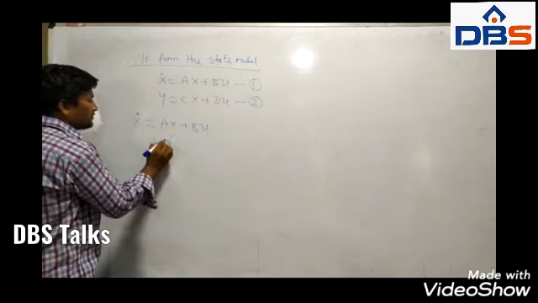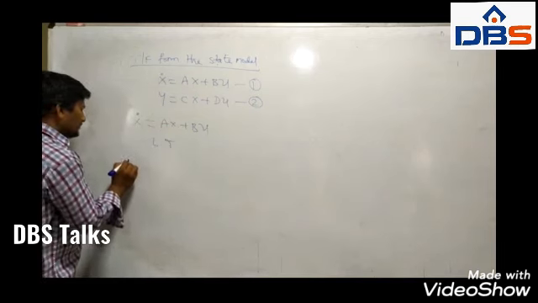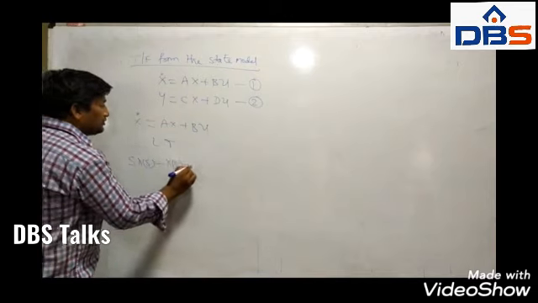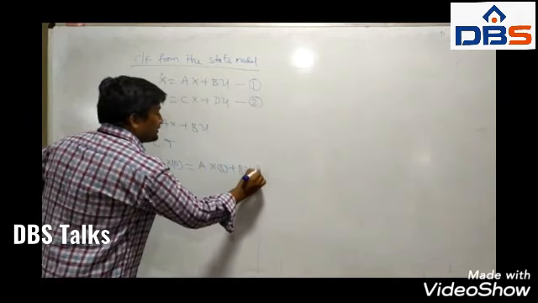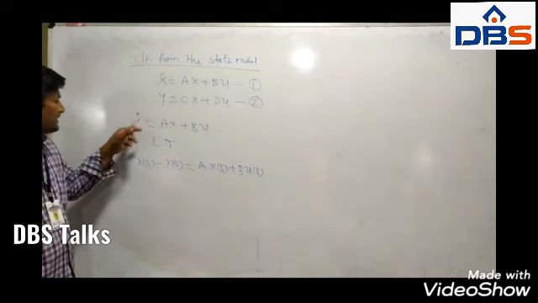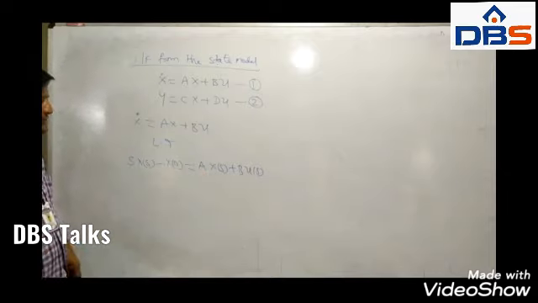Apply Laplace transforms on both sides. s into X of s minus X of 0 is equal to A into X of s plus B into U of s.